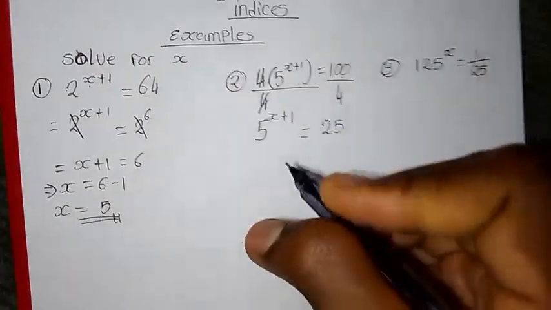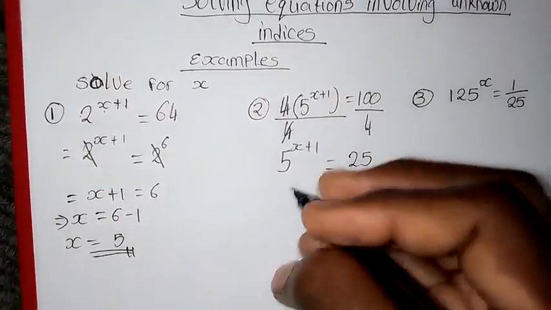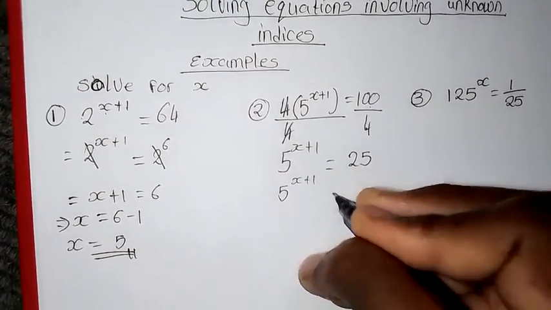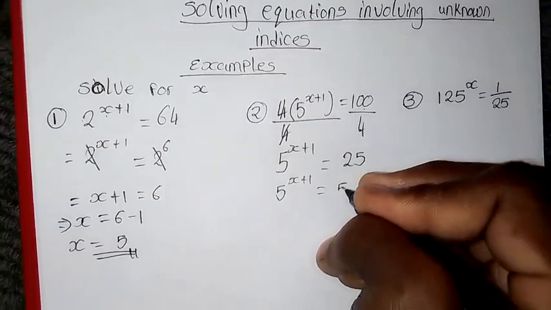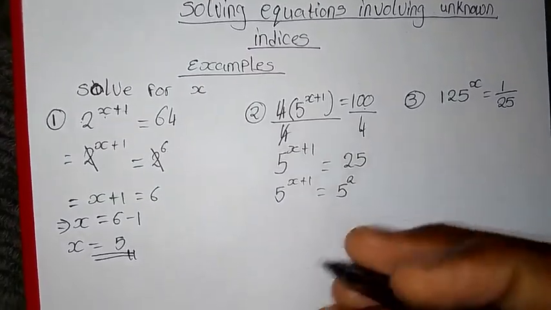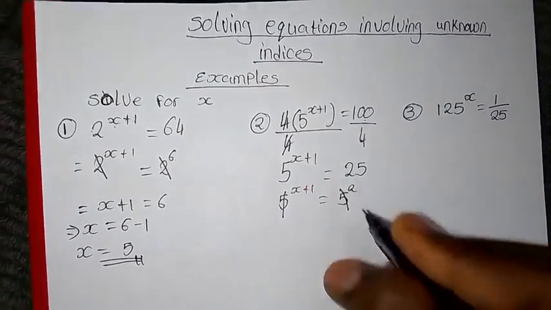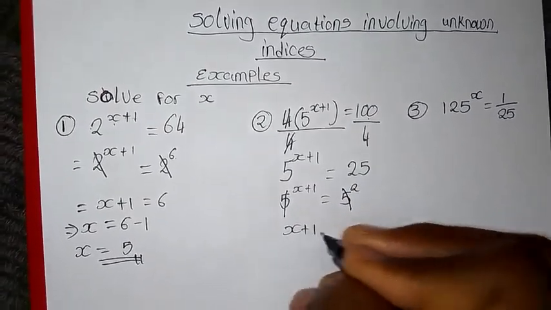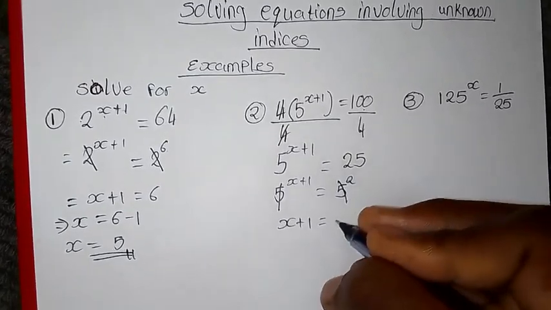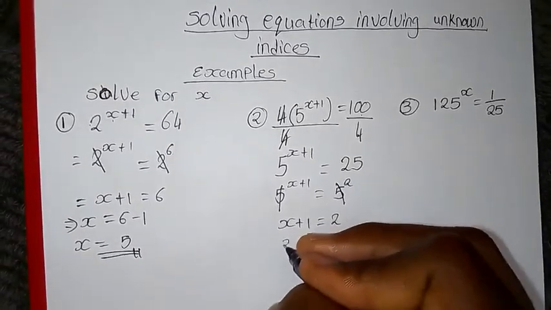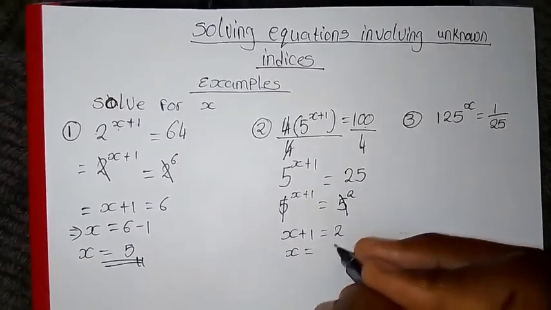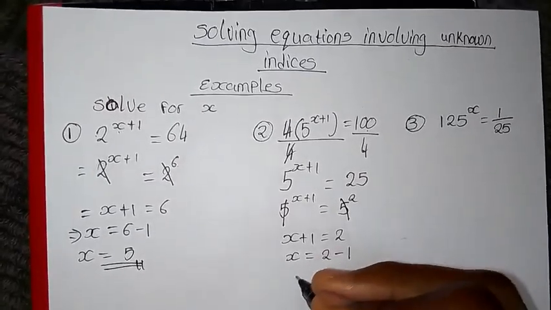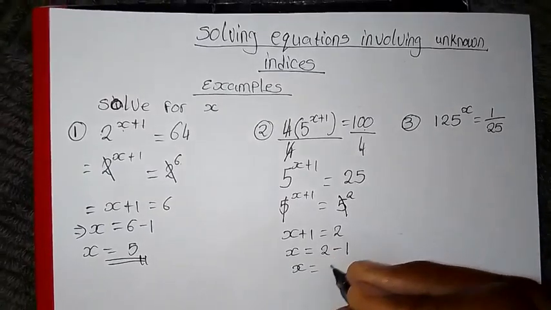Then let's make the bases the same. So 5 power x plus 1 is equal to 5 squared. Then you cancel the bases. Then you deal with the powers. x plus 1 is equal to 2. x is equal to 2 minus 1, and x is equal to 1.